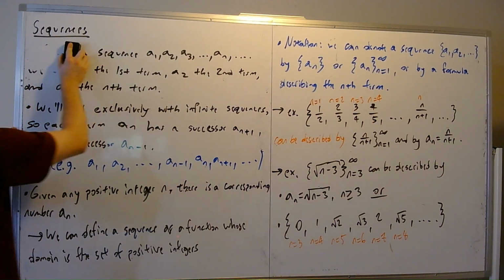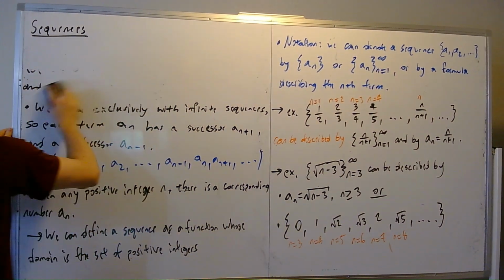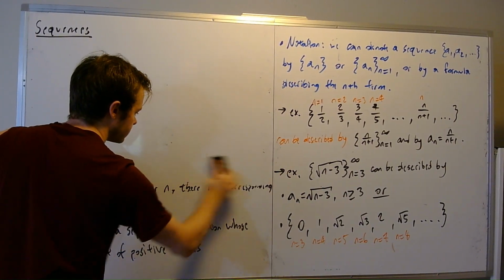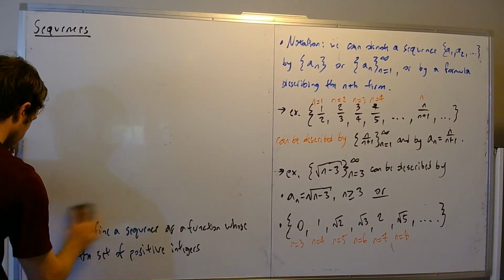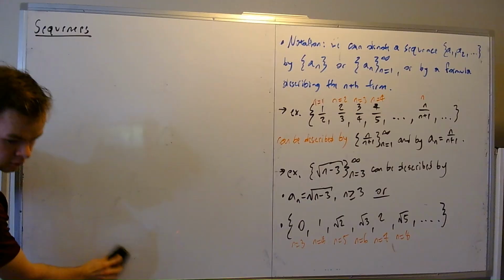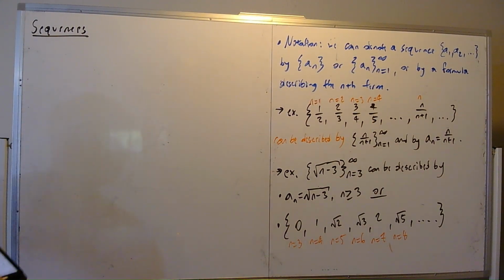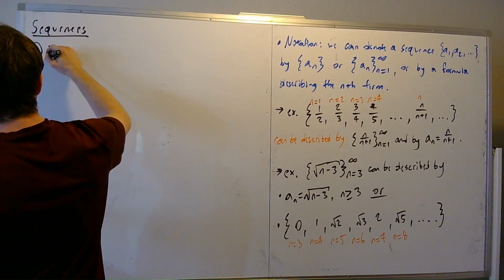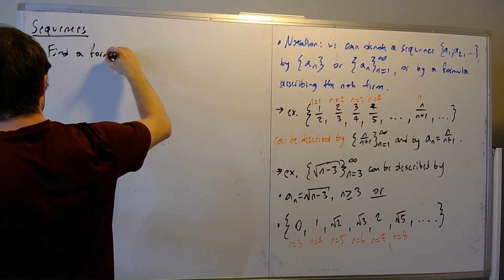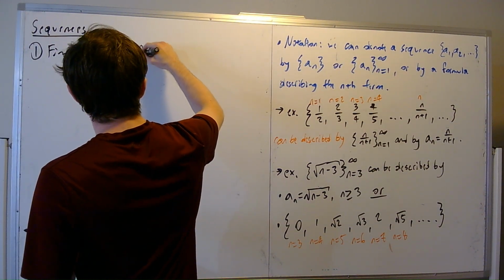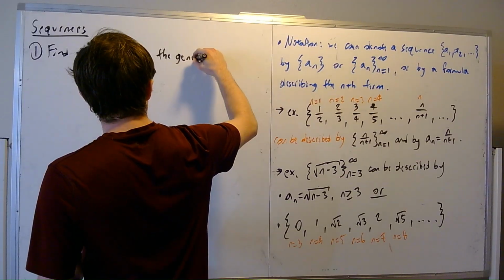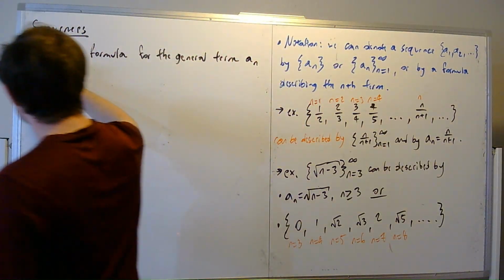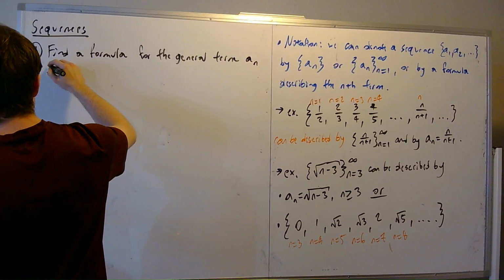Okay. So let's move on to our first example that I'm going to put a number next to. Example number 1: find a formula for the general term a_n of the following sequences.